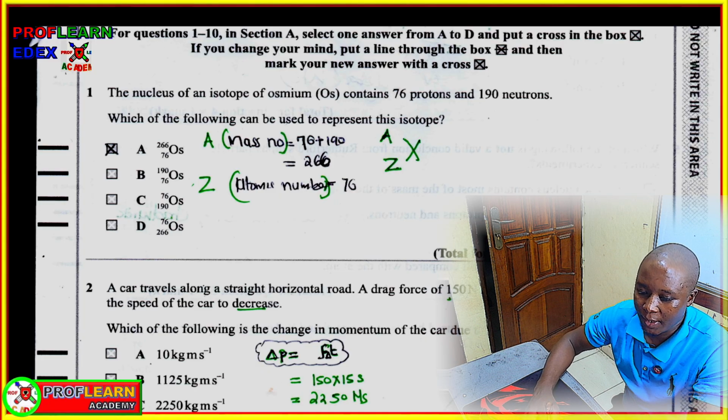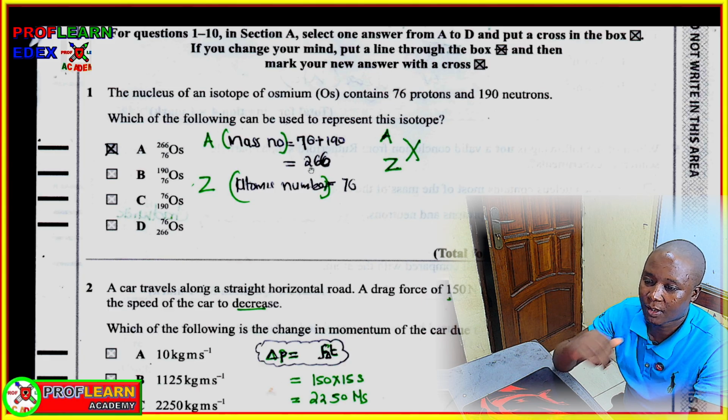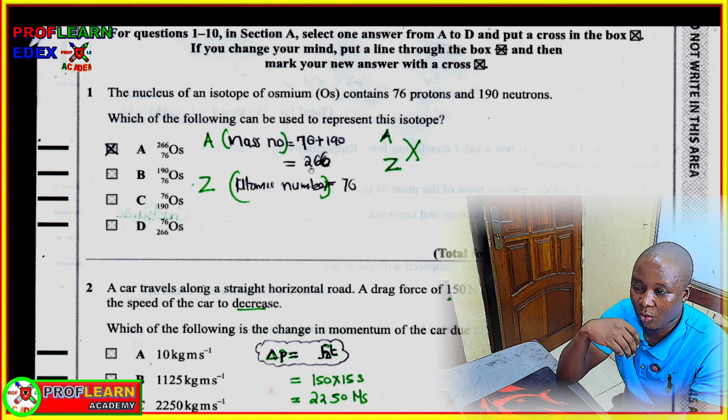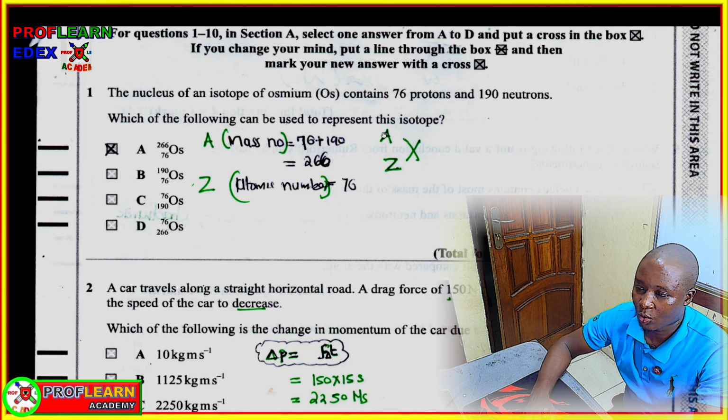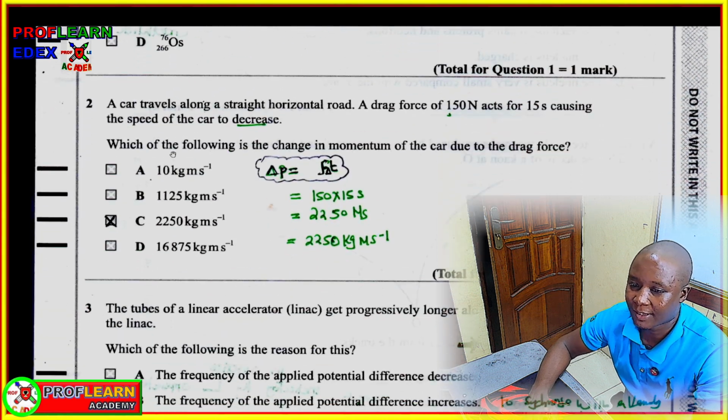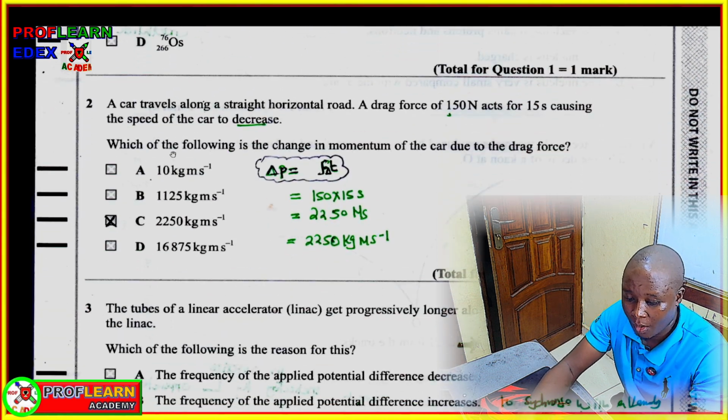So 76 plus 190 is going to give us the mass number, which is going to be 266, but the atomic number is equal to the number of protons, so the atomic number there is going to be 76. So we are going to have the answer to be true.